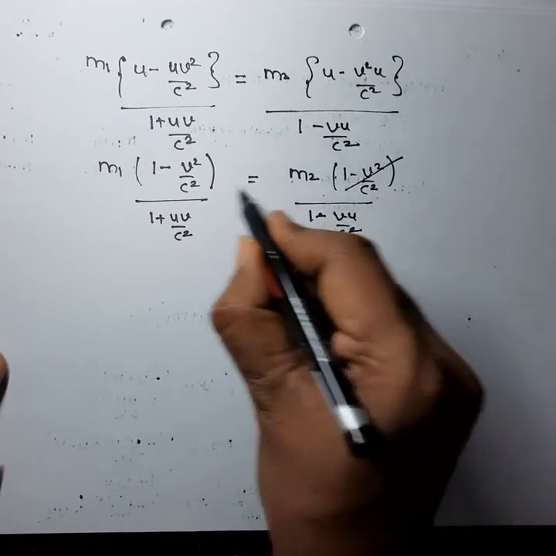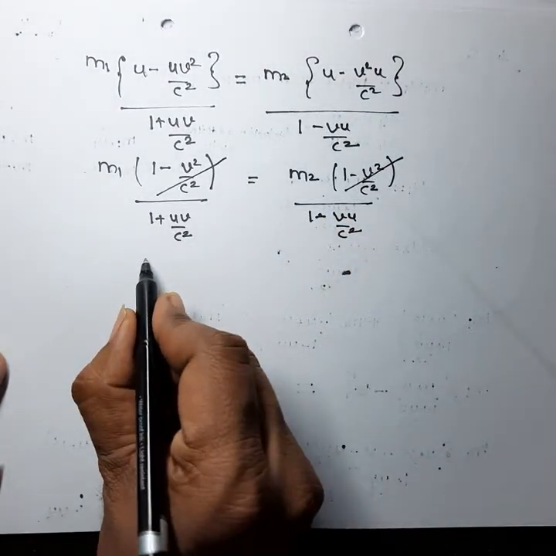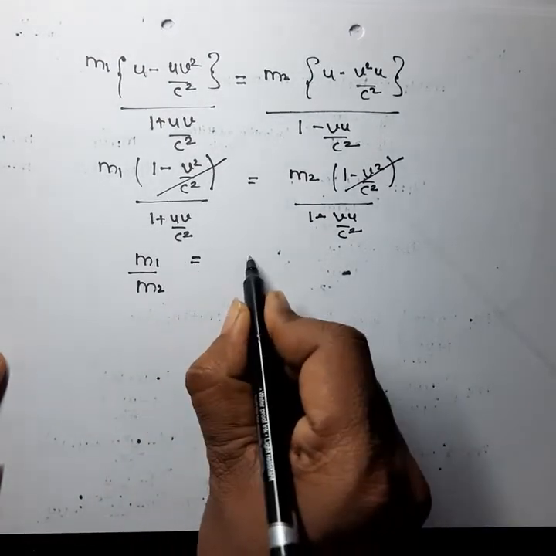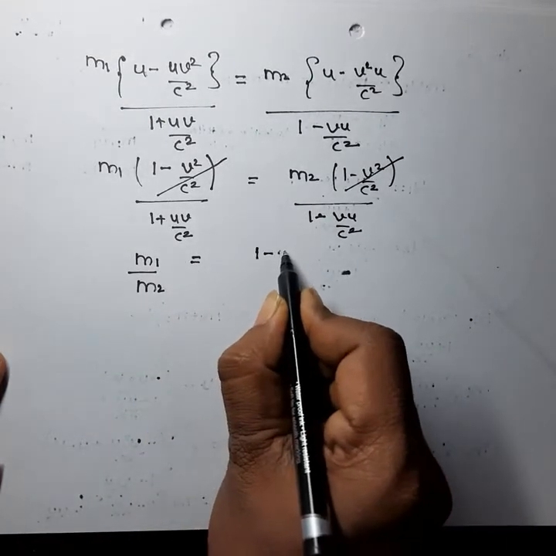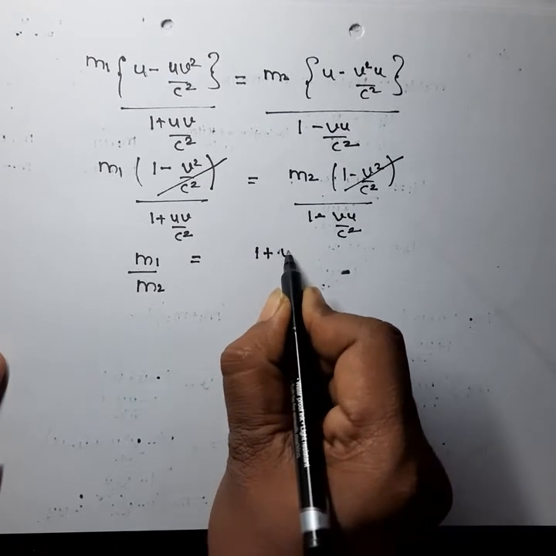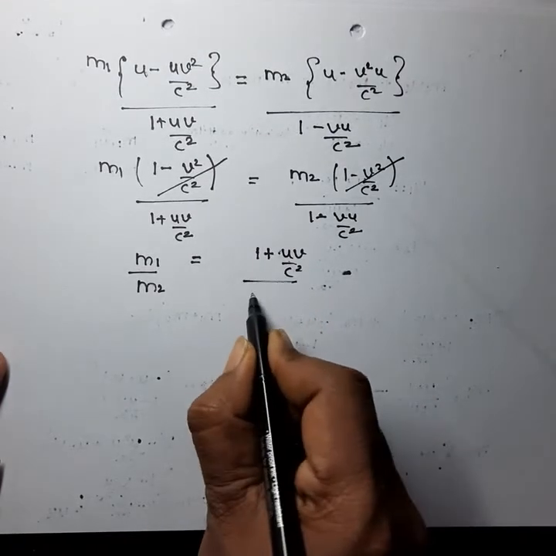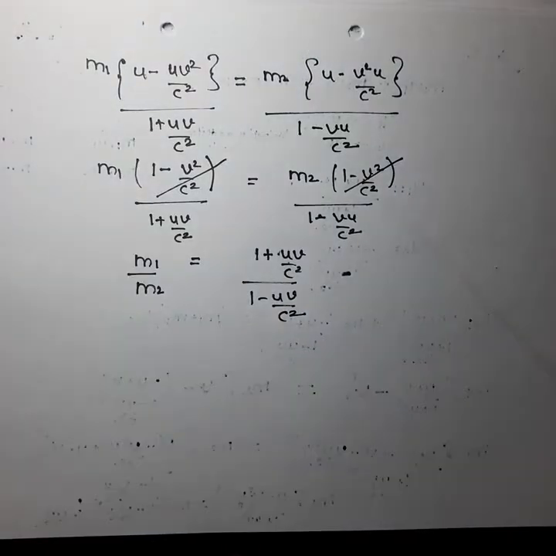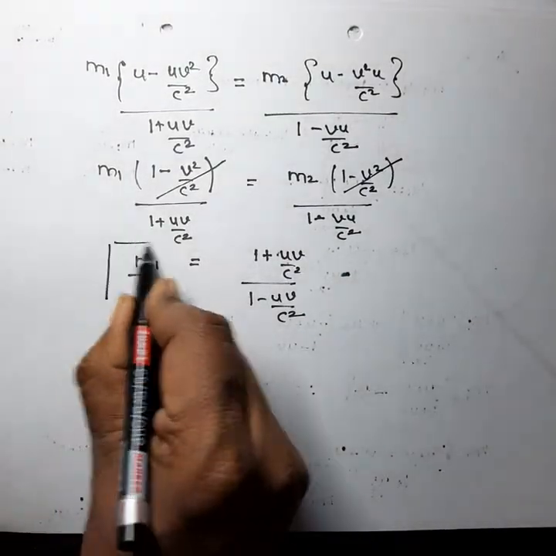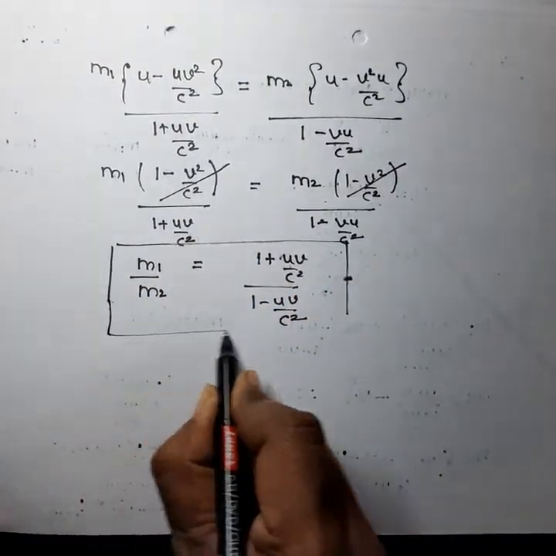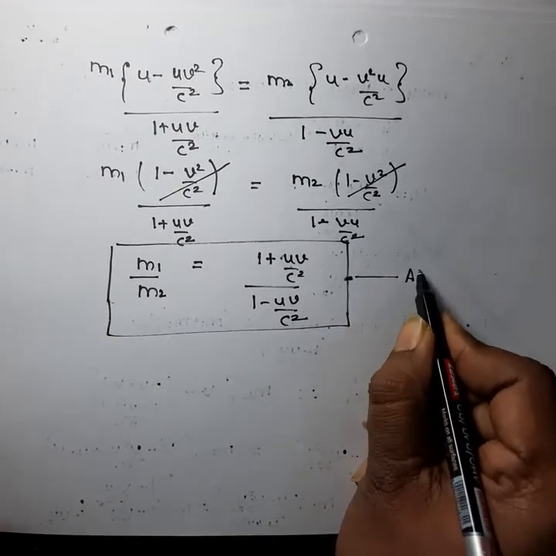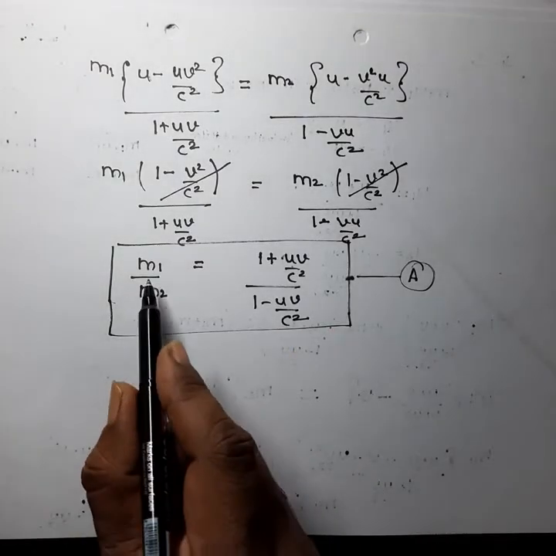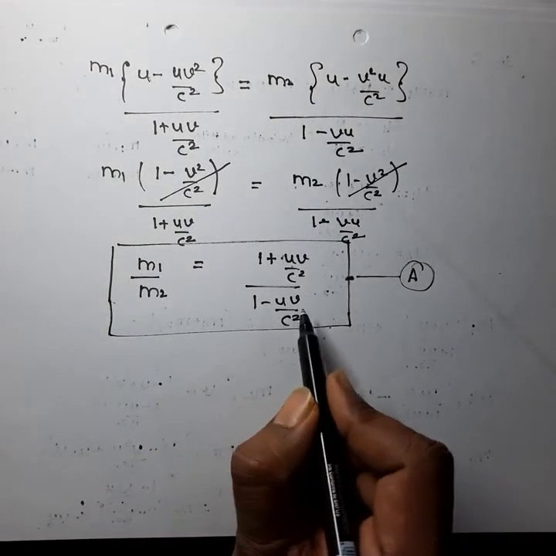So this term will cancel each other. Now we have the expression m1 by m2 is equal to 1 plus uv by c square divided by 1 minus uv by c square. Okay, let's remember this equation. We'll further simplify. Let's call it equation A. So this is the relation between m1 and m2 in terms of u and v.